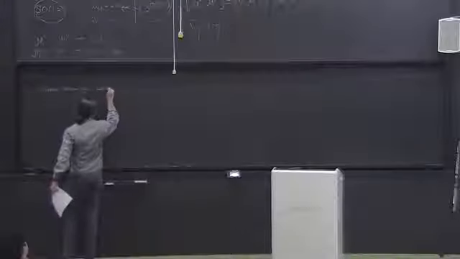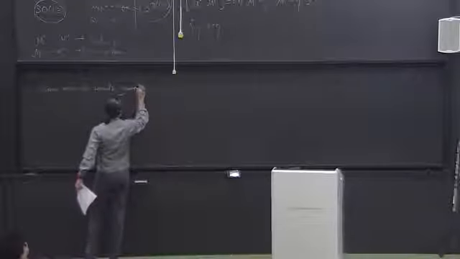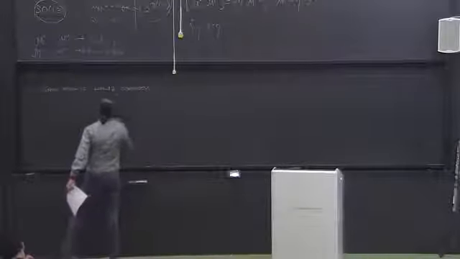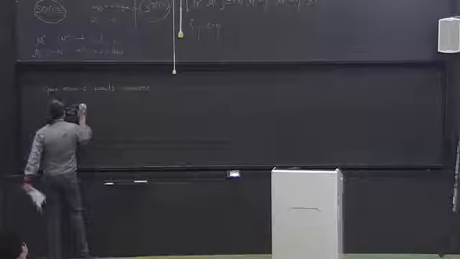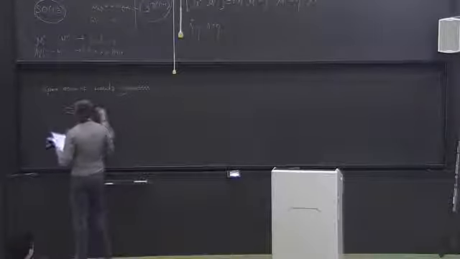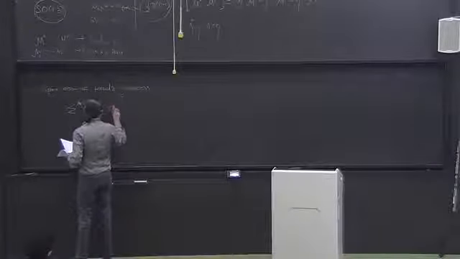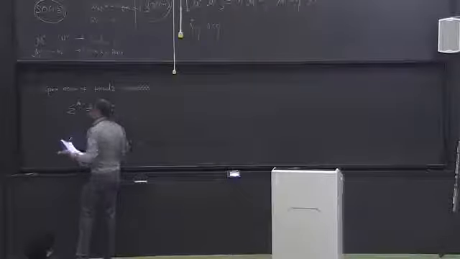So the spinor version of the Lorentz generators, we call them sigma mu nu, and they're defined to be this.